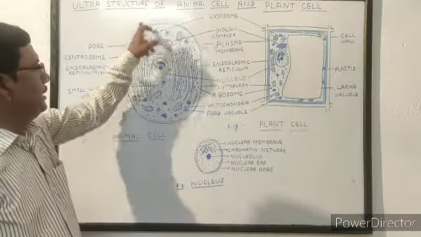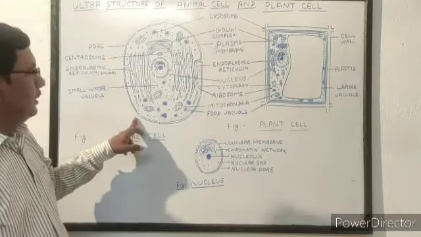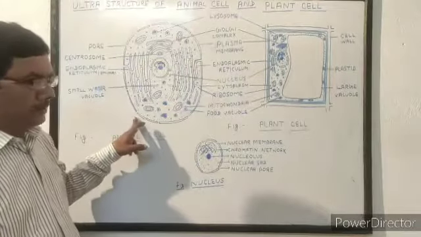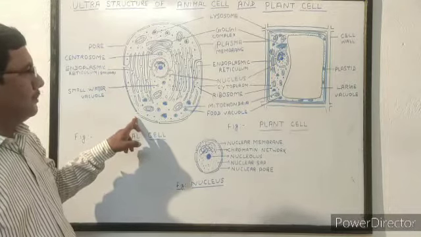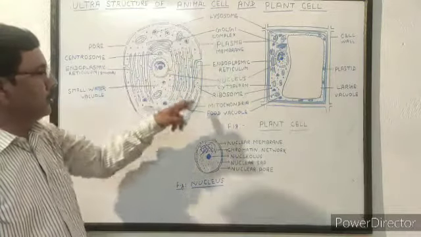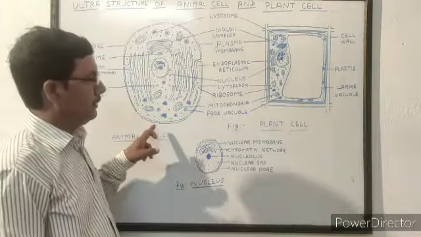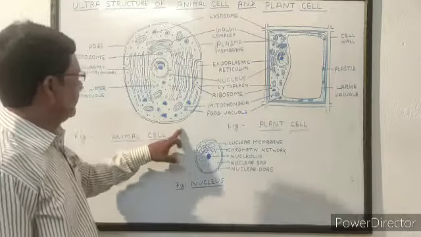Now plasma membrane is limiting membrane. It surrounds the cell. It surrounds the protoplasm. The contents of cell bounded by cell membrane or plasma membrane is called protoplasm. Plasma membrane present both in plant cell as well as in animal cell.